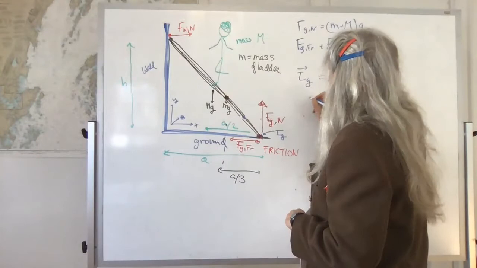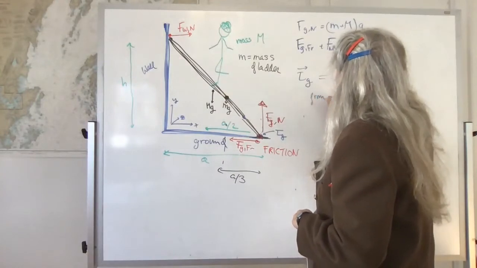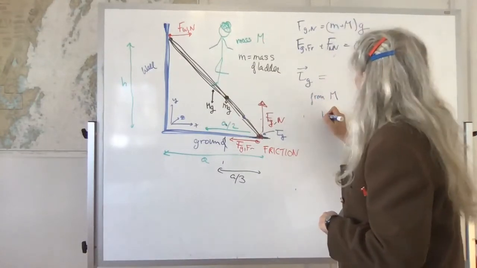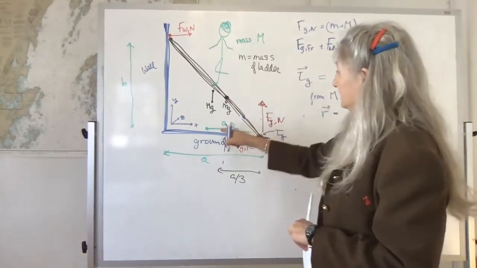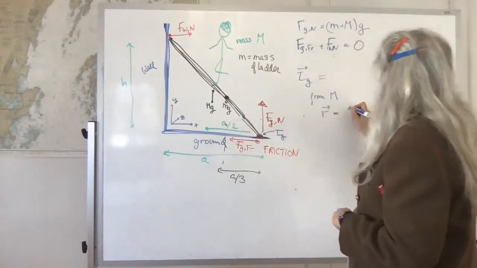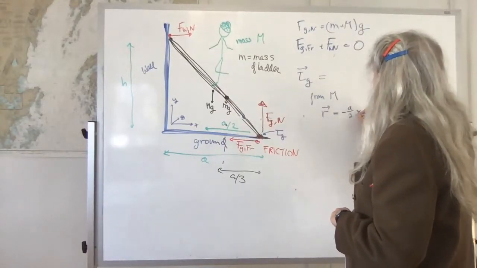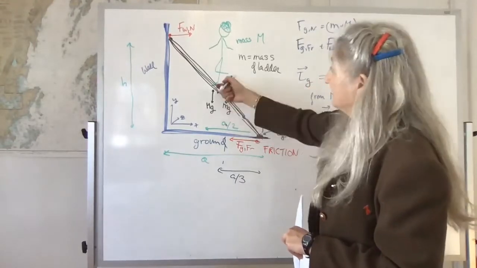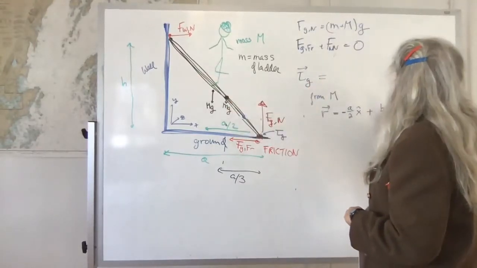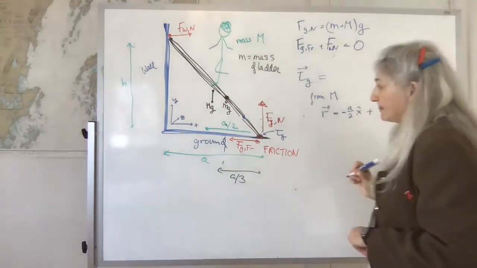Let's do the first term from M. So R, which is the radial vector from here, has a distance a over 2 with a minus sign x hat plus h over 2 y hat.